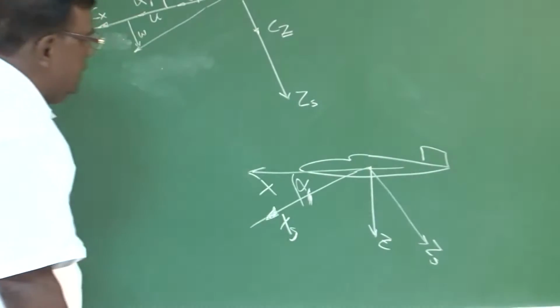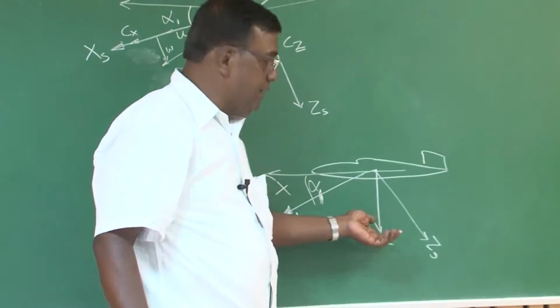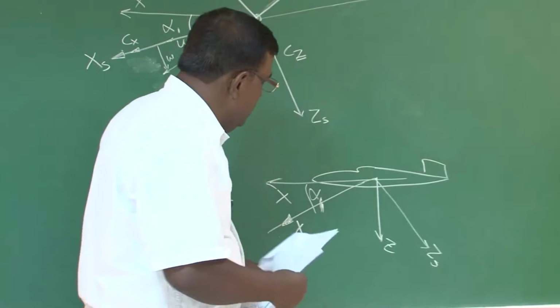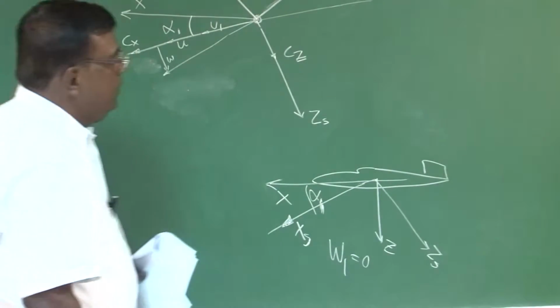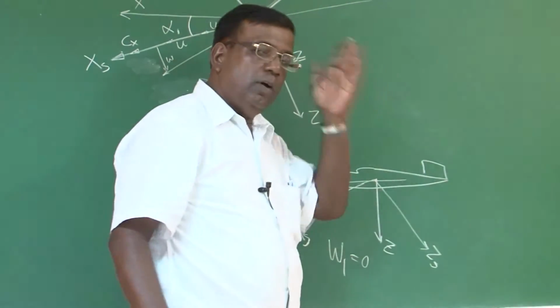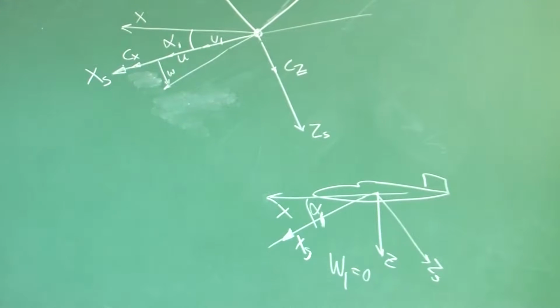So now I am working in xs and zs, and the consequence is that W1 becomes 0, because there won't be any component along W1 when I'm talking about a motion restricted to the vertical plane.